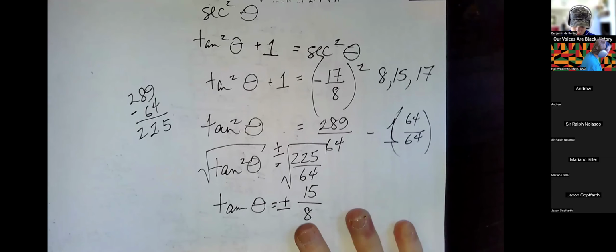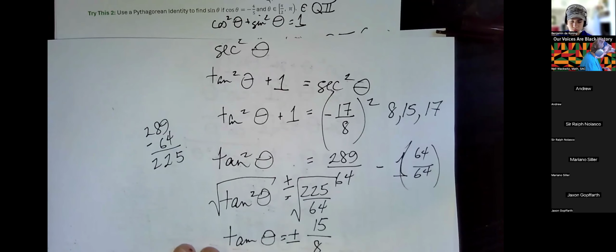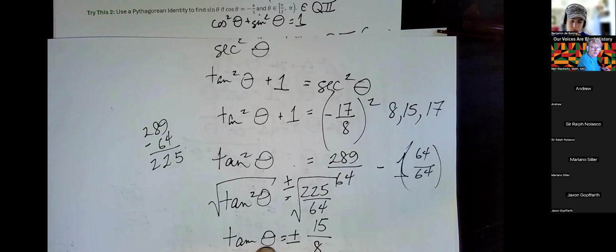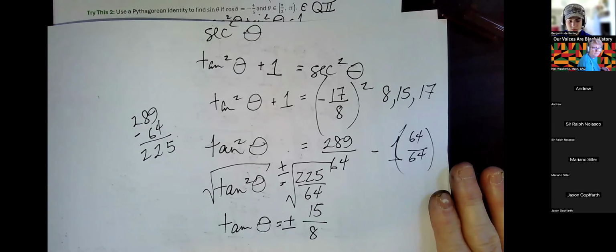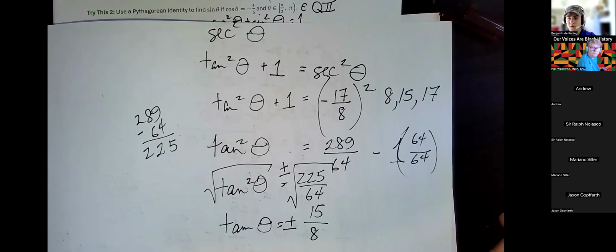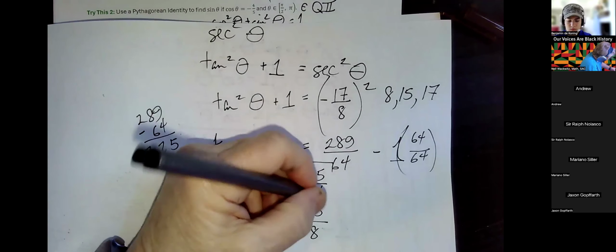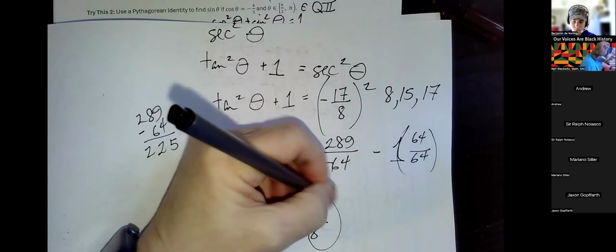Now, which quadrant were we in? Third quadrant. Good. In the third quadrant, is tangent positive or negative? Positive. That's right. So we found that the tangent of theta has to be 15 over 8.